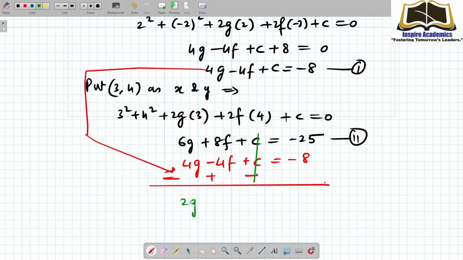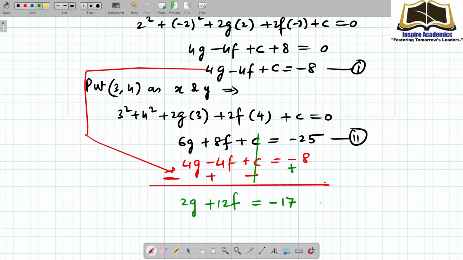We will get 2g, and then plus 8 plus 4 is 12f, and then that would be equal to negative 17.